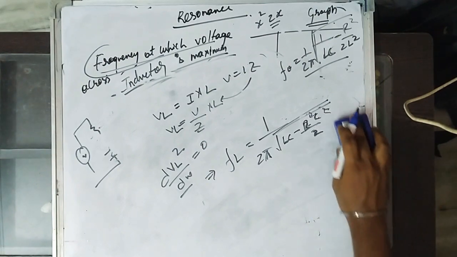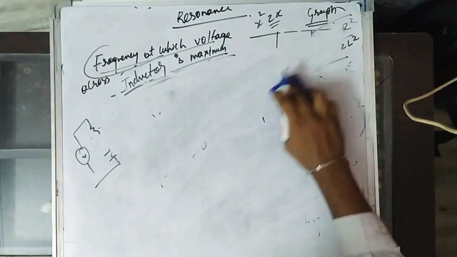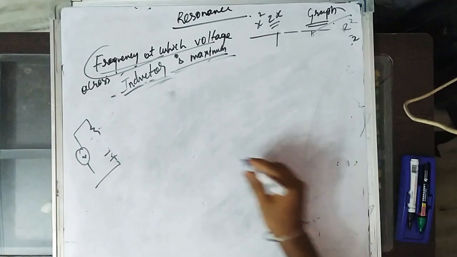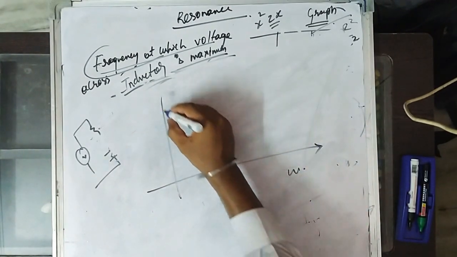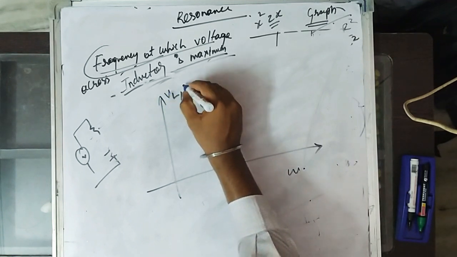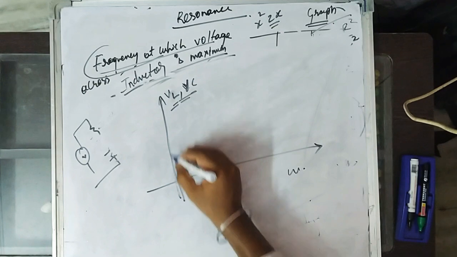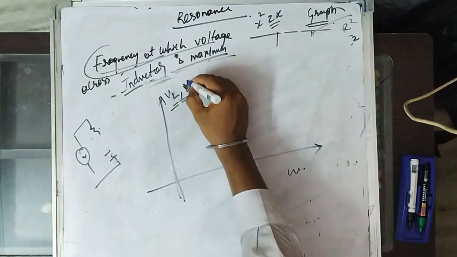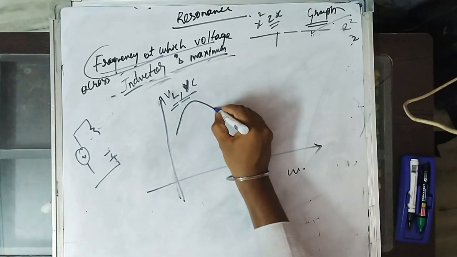Based on this explanation, I wish to draw the characteristic of the voltage across each element with respect to varying frequency. If you vary the frequency and take VL and VC on the y axis, the voltage across the inductor and the voltage across the capacitor will be in the form of curves like this.